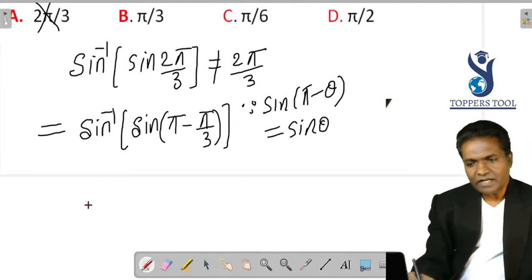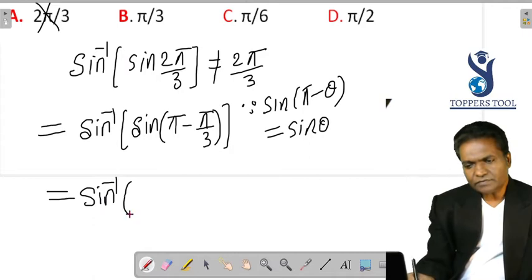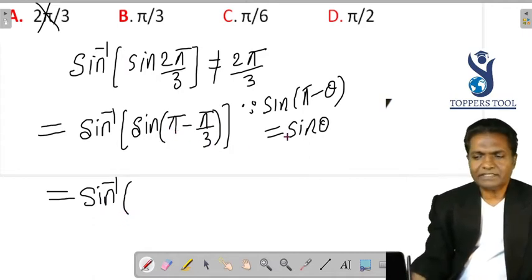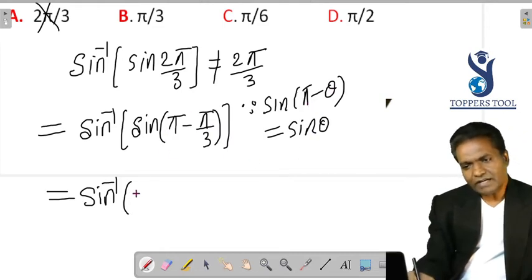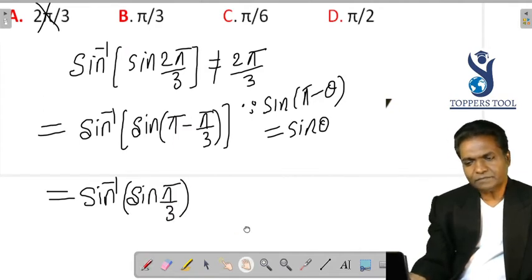In terms of allied angles, sine of pi minus theta is sine theta. So sine of pi minus pi by 3 is sine of pi by 3.